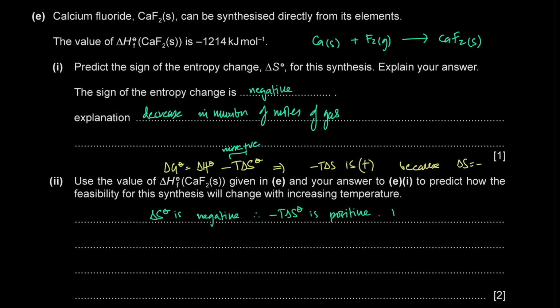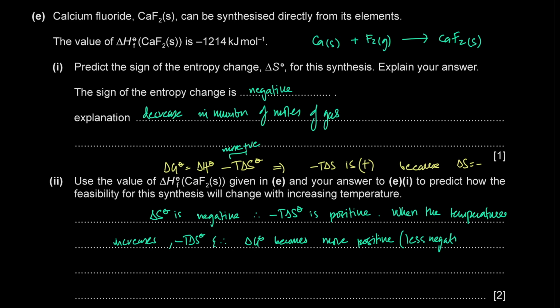When the temperature increases, minus T delta S, and therefore delta G, becomes more positive, or we can say less negative. Hence feasibility decreases.